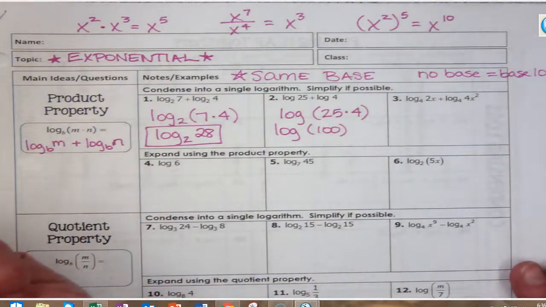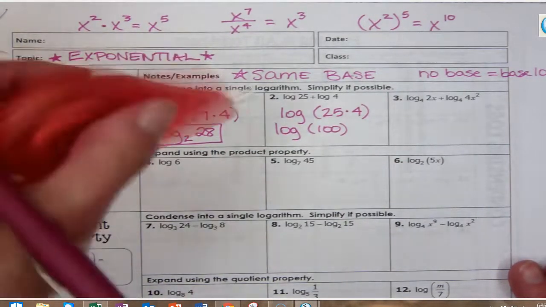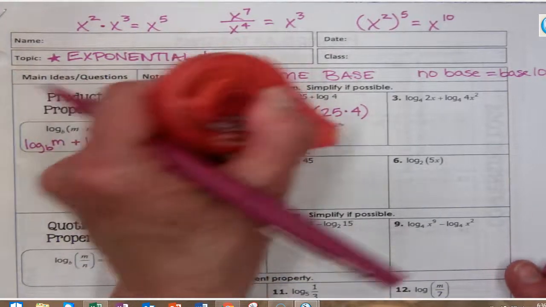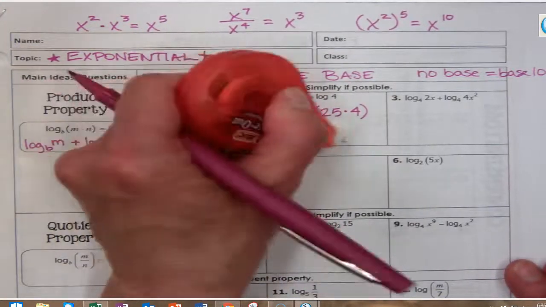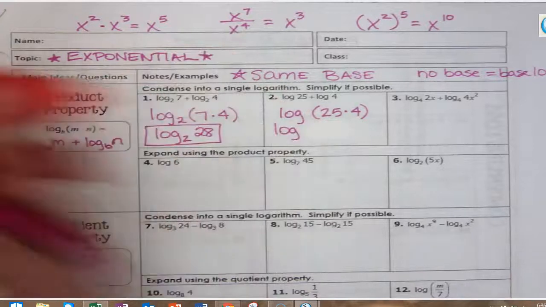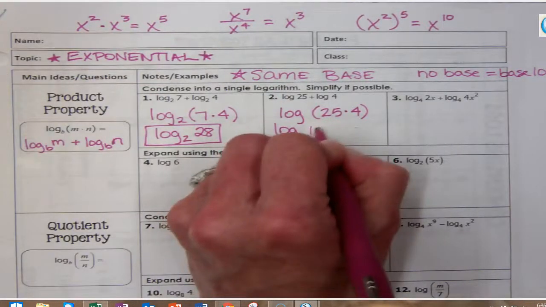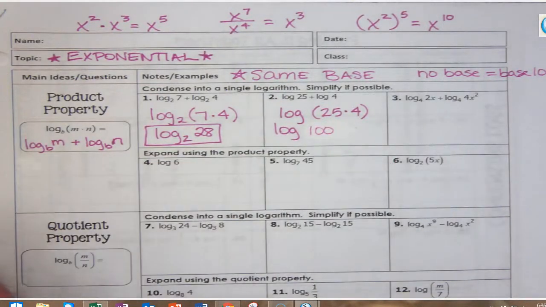I don't know why I put those parentheses around there. That's going to confuse y'all. I don't want to do that. So log base 10 of 100.